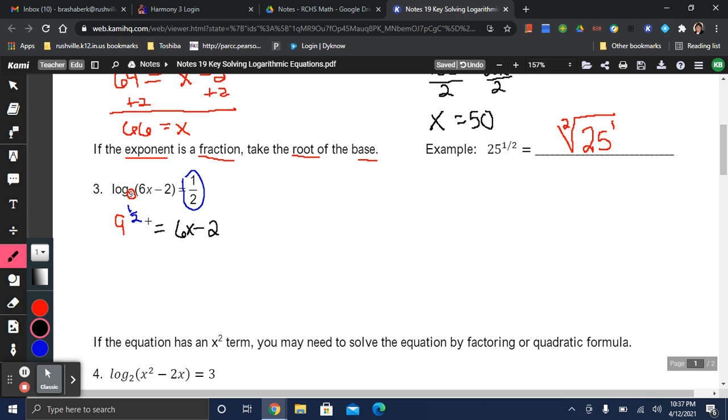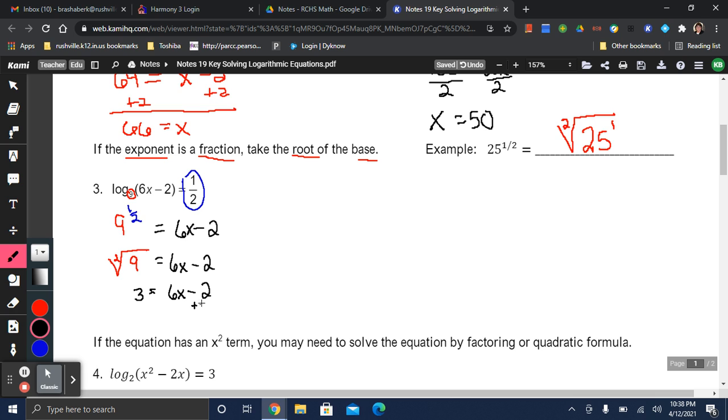So we have this 1/2 power like we did over here. We're going to rewrite this as the square root of 9, and it's to the first power. And then go ahead and finish our equation, 6x minus 2. Well, the square root of 9 is 3. And so 3 equals 6x minus 2.